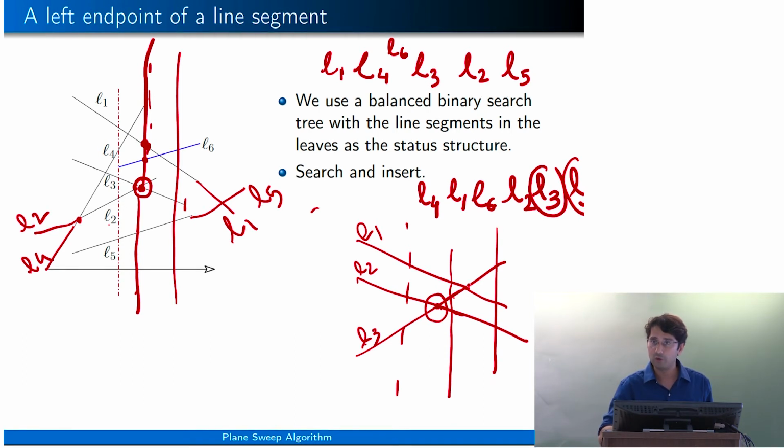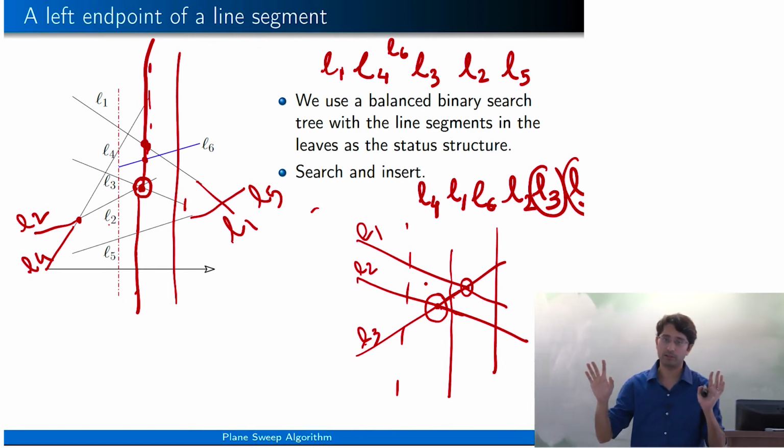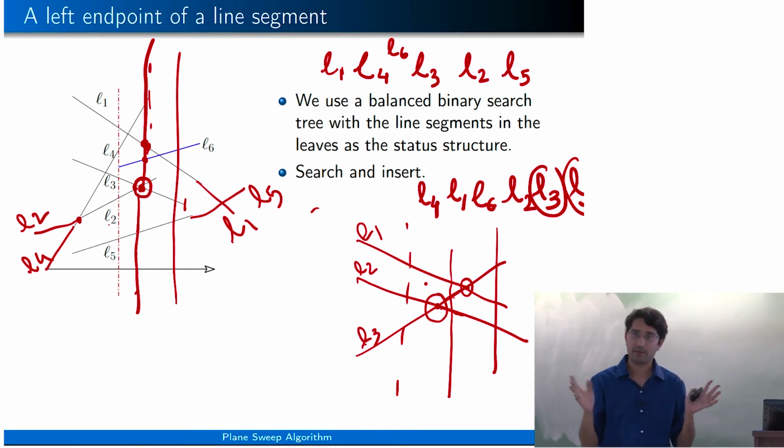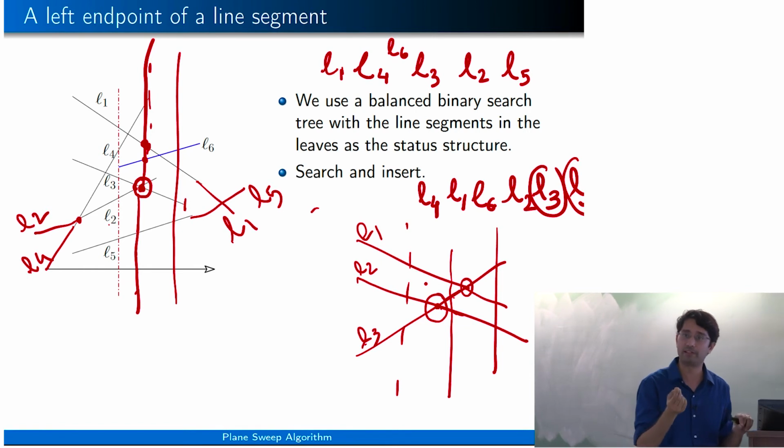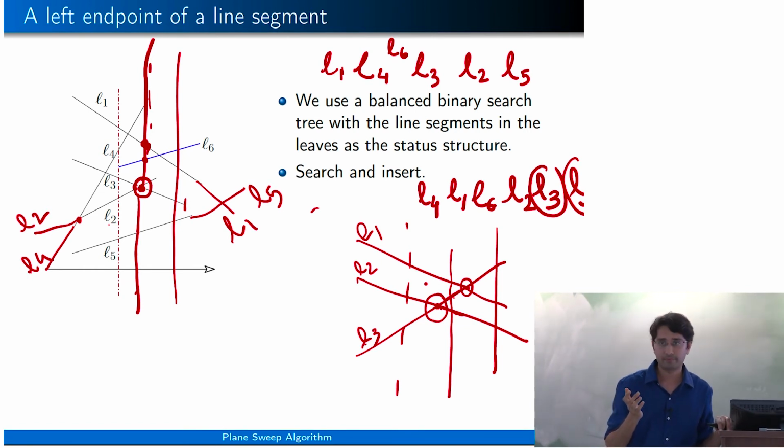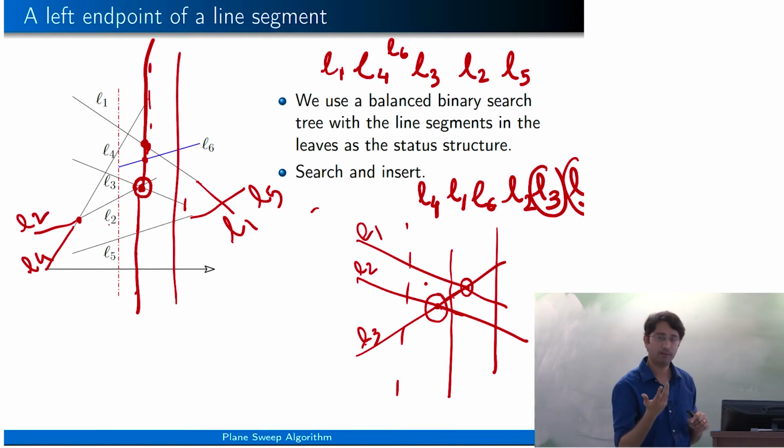The sweep line will not stop at this point. So whenever there is a change of order, I have to sort, but with the immediate neighbors only. That is the only trick that I am using. And in the meantime, if the endpoints are deleted from the queue, I will change accordingly.